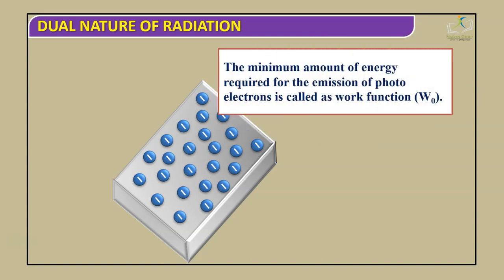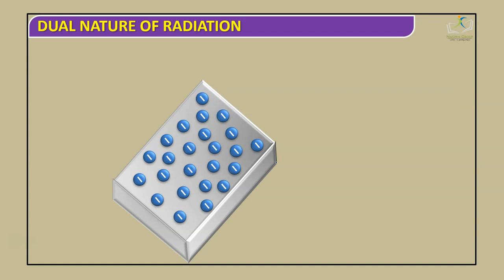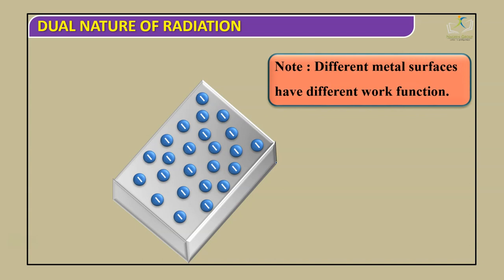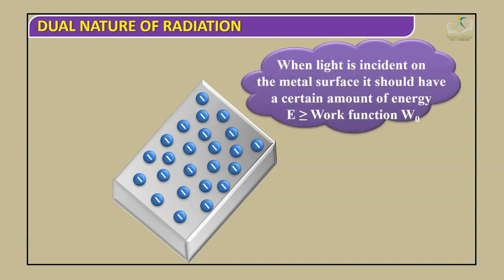The minimum amount of energy required for the emission of photoelectrons is called the work function, W naught. The main point you have to remember: different metal surfaces have different work functions. When light is incident on a metal surface, it should have a certain amount of energy, which we call the work function.